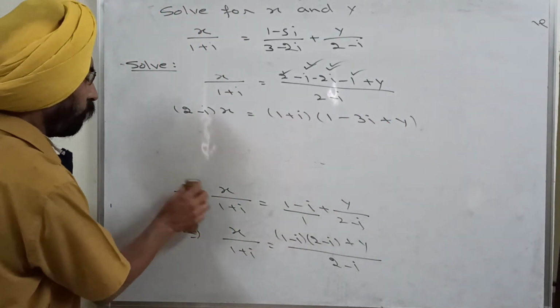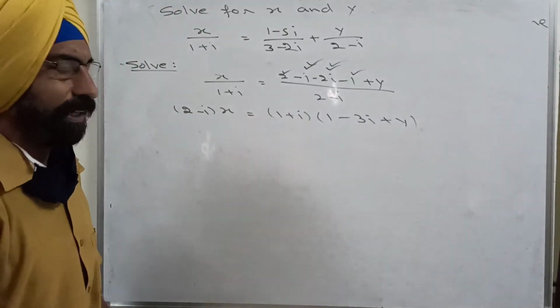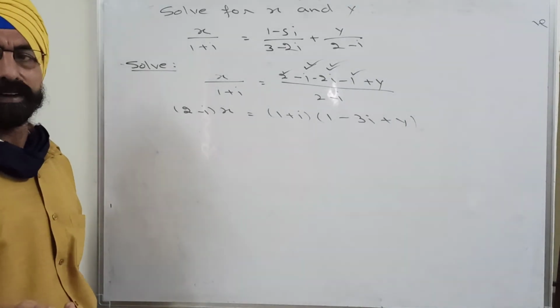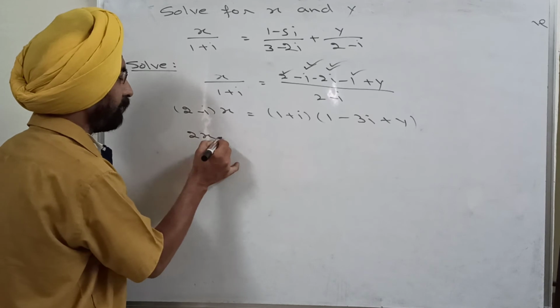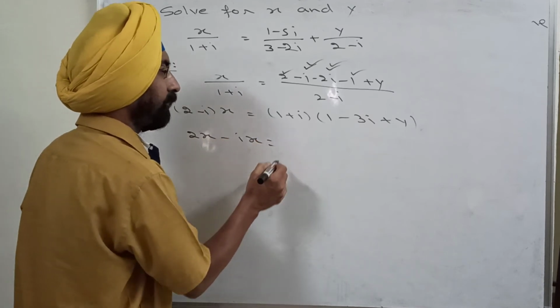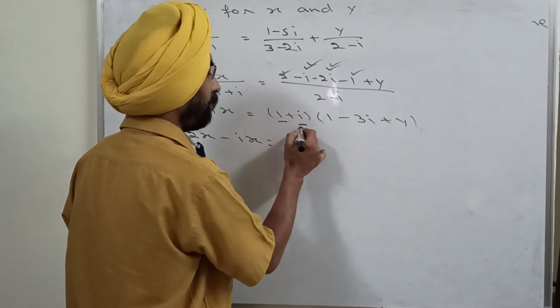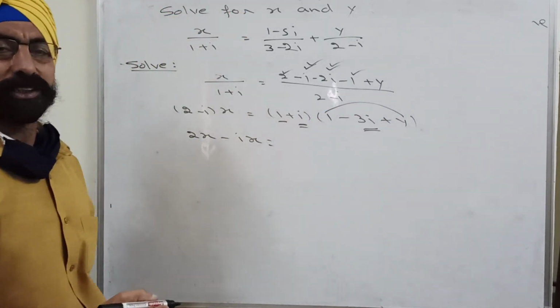Once again opening the brackets on the right hand side and then comparing real and imaginary parts for both sides, we will get some equations, and solving these we will get the values of x and y. So what you are going to get here is 2x minus iota x. On the other side, this is your real part, this is your imaginary part. This is your real part 1 plus y, and this is your imaginary part minus 3 iota.